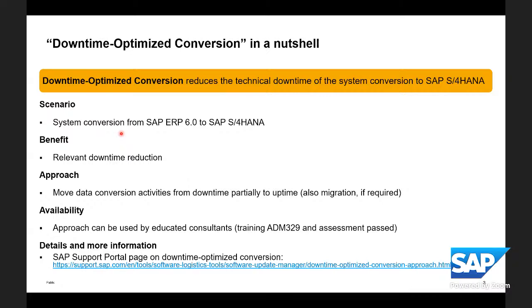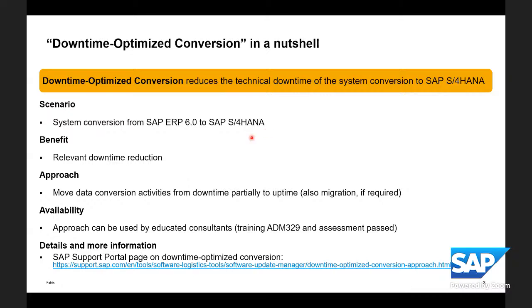And you already know that the system conversion is one possible transition scenario out of three. We have the new implementation, the system conversion, and selective data transition. System conversion will take one ERP source system and will convert the complete system to SAP S/4HANA. And when we talk about SAP S/4HANA, it is the on-premise version.